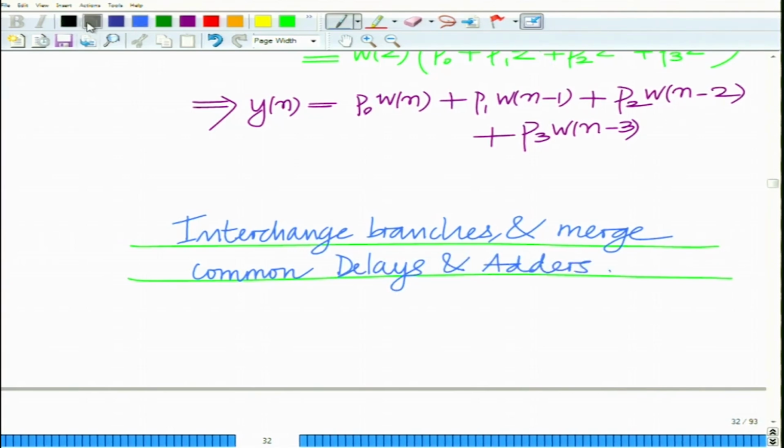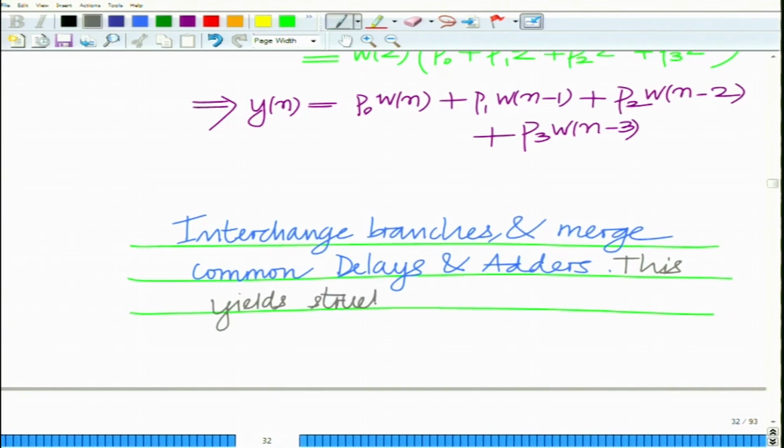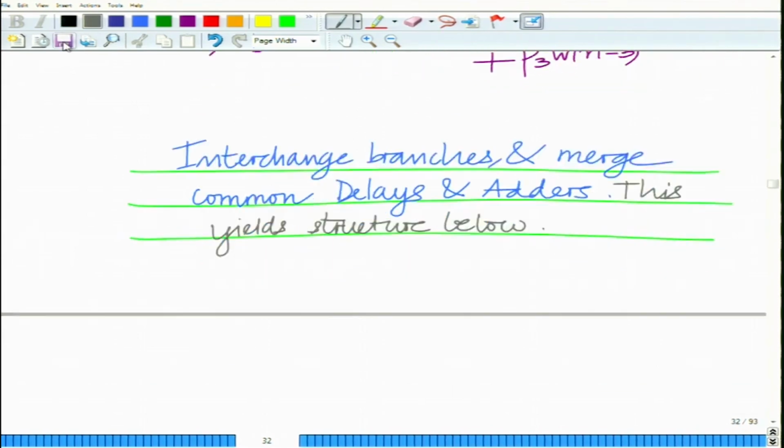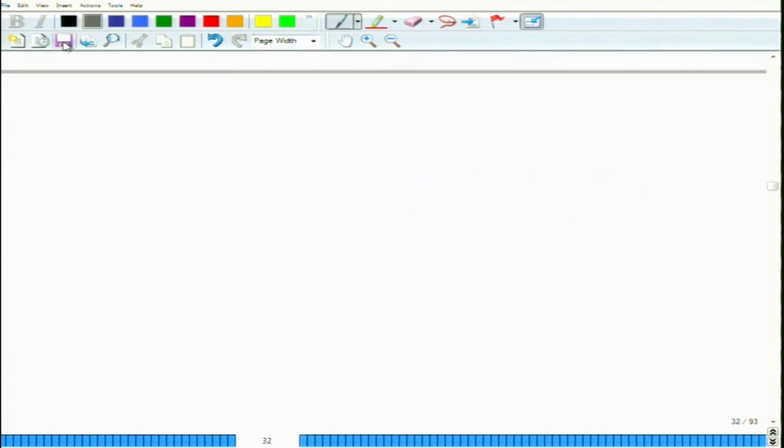We will interchange, and this yields the structure that is shown below, and you can derive this.